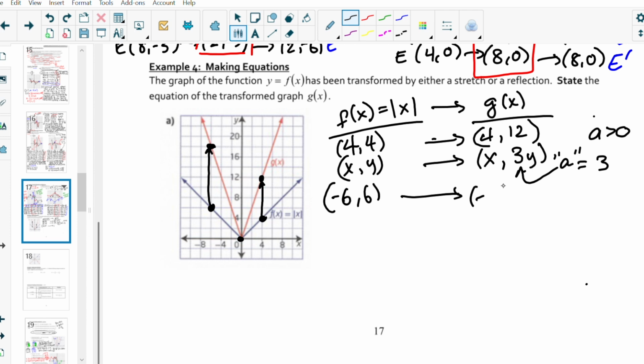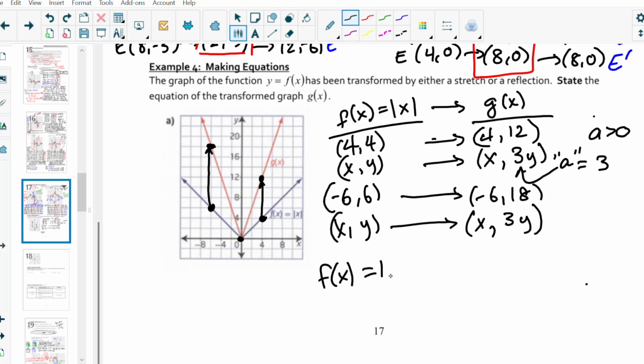That's (-6, 18). Well, if I have, again, (x, y), then (x, y) transforms to, this is mapping notation, (x, 3y). So how do I go from 6 to 18? I multiply by an a value of 3.